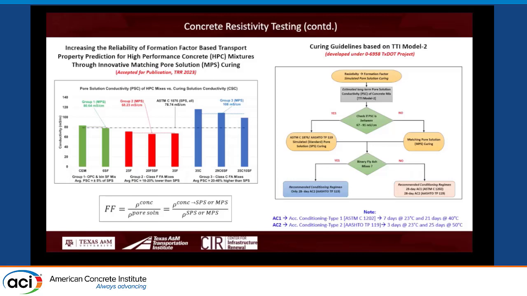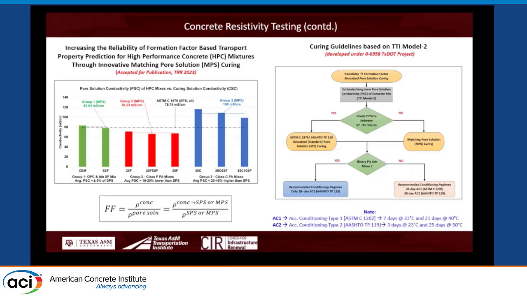Now, you took a decision, right? And then you come to another one, which is conditioning. Texas DOT told us, we cannot wait 91 days. Simple. Can you improve? Can you save time? That was my challenge, right? I cannot say 91 days, they are not going to accept it. So AC1, AC2, 28 days, as in TP119.